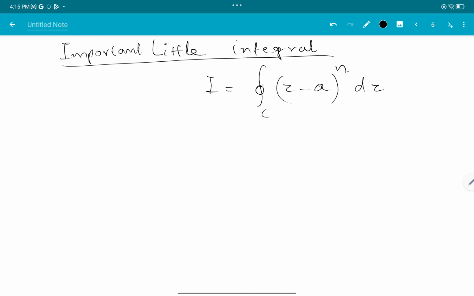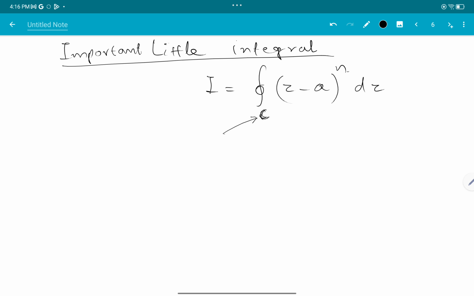First, say C is any curve. We guarantee one thing, that this curve is piecewise smooth.